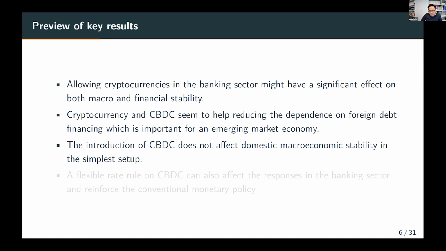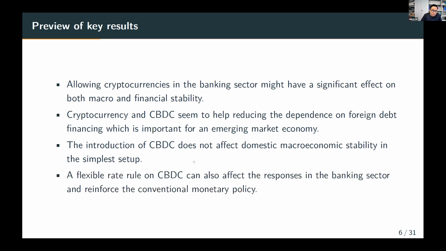So in the near future, when we have CBDC, it doesn't cause that much concern. And lastly, under the optimal policy exercise, we find that flexible rates also affect the response of the banking sector and can reinforce the conventional monetary policy for the central bank to achieve its target.